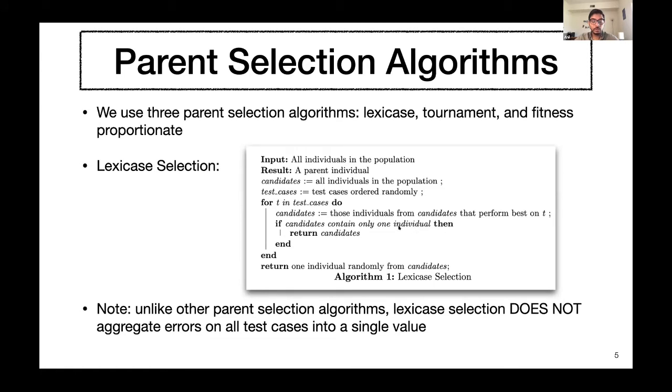This winnowing down continues until only one individual remains, which is returned, or if there are multiple individuals remaining after going over all the test cases, one individual is randomly selected. Now please note that unlike other parent selection algorithms, lexicase selection does not aggregate errors on all test cases into a single value.